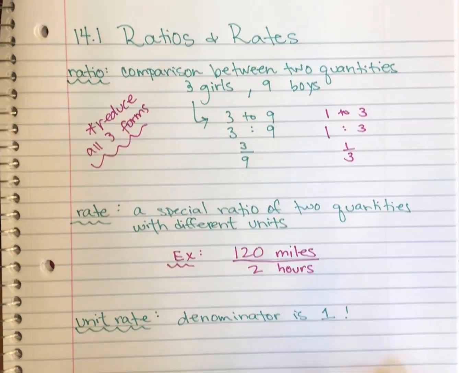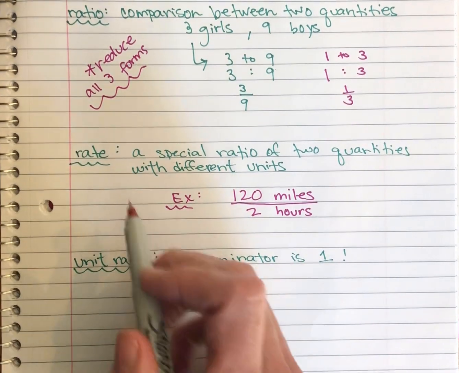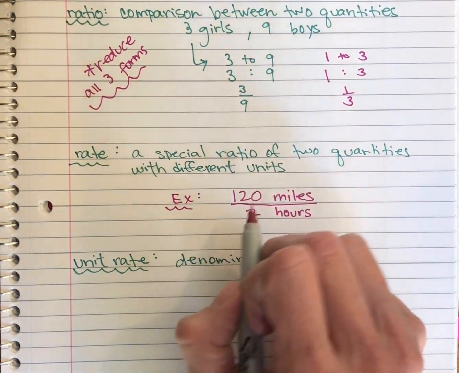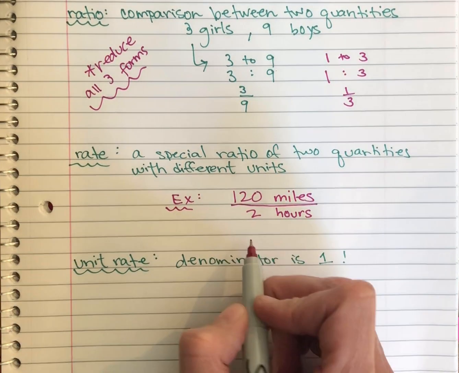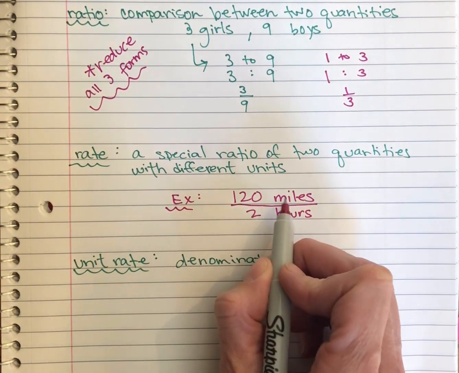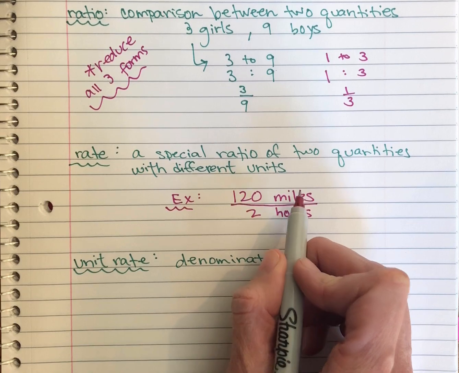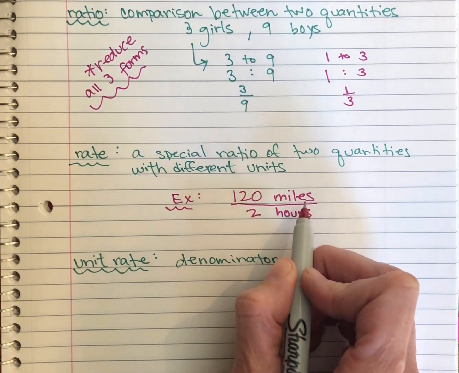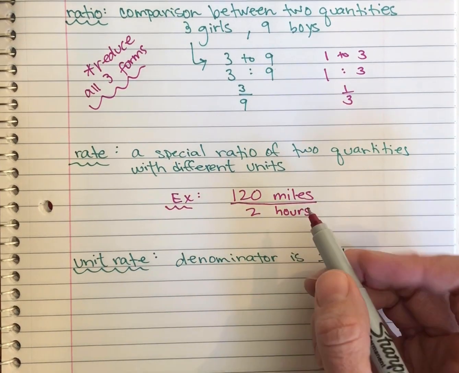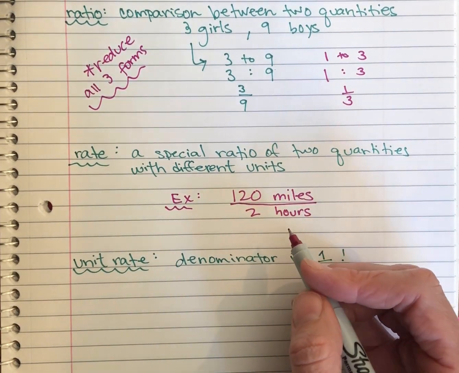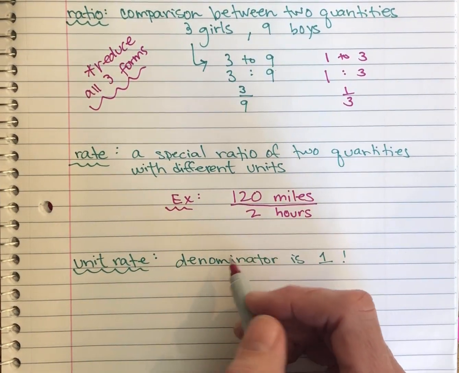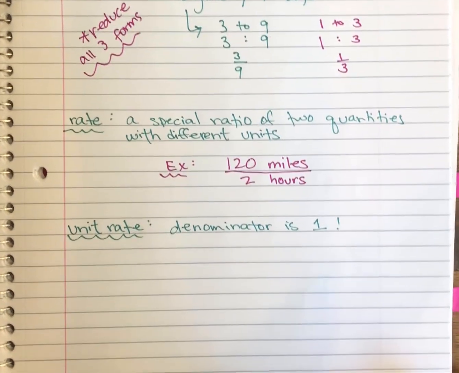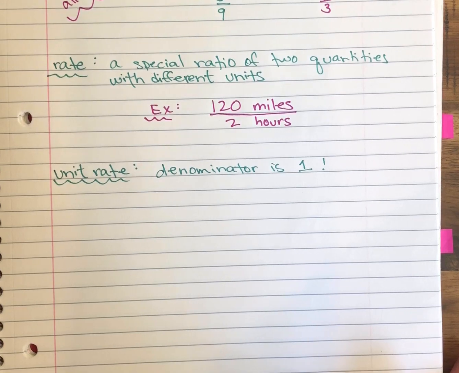A rate is also a ratio, but it's a special ratio of 2 quantities with different units. So this example here is comparing miles to hours. So 120 miles in 2 hours. It could be something like 36 cookies in 2 boxes. The possibilities are endless. Unit rate is what we use a lot.